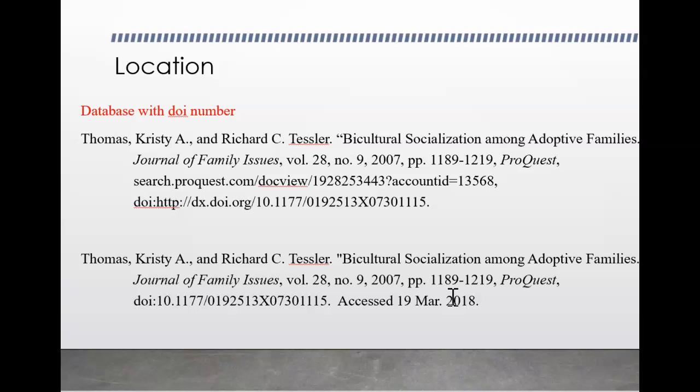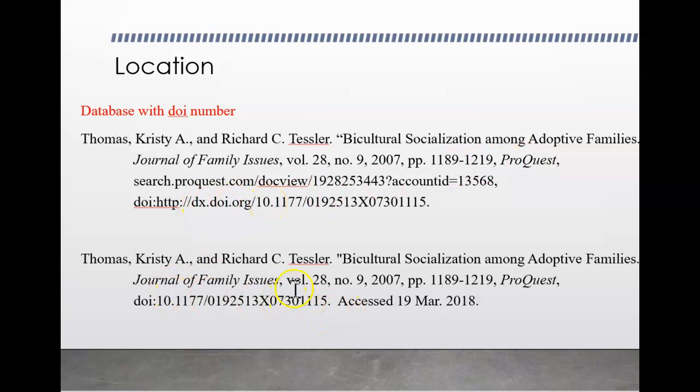Sometimes sources are given a DOI. This is a digital object identifier number. So this is a number exclusive to this article. And so it's identified as the DOI or DOI number. So in this particular case, we'd include all the information as we've done before, but instead of including the URL, we just include that DOI number.